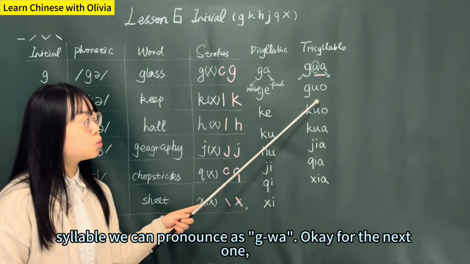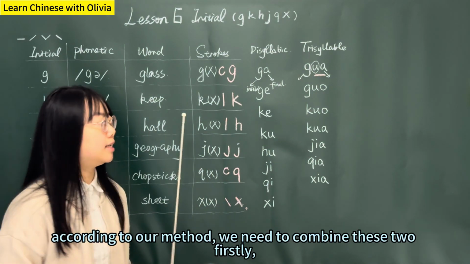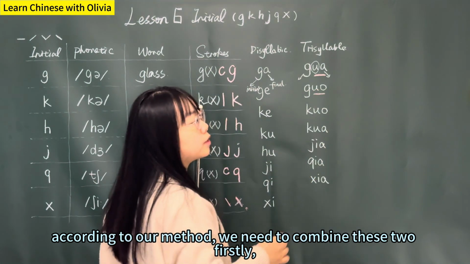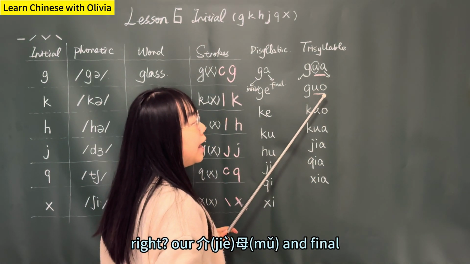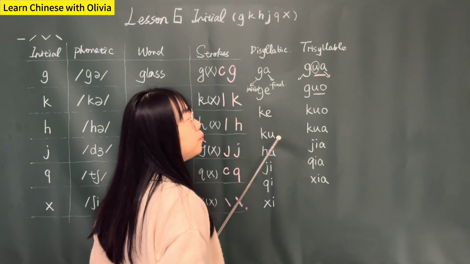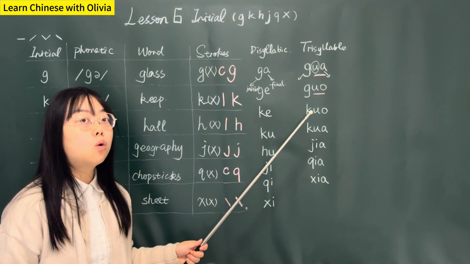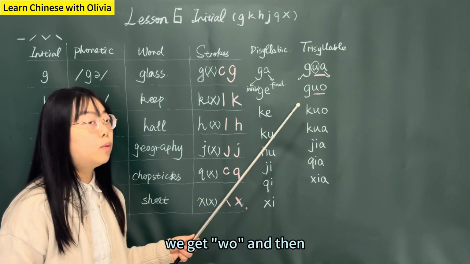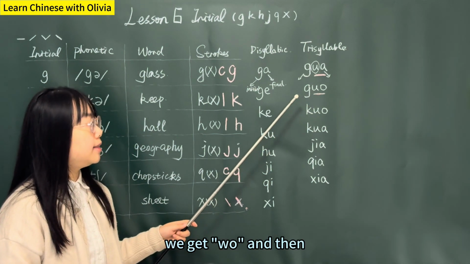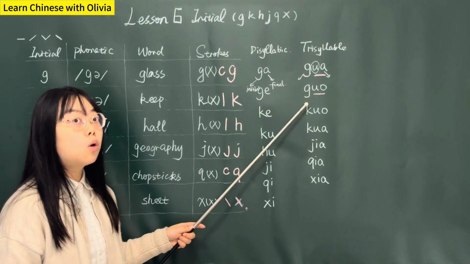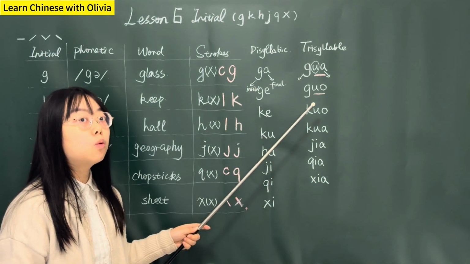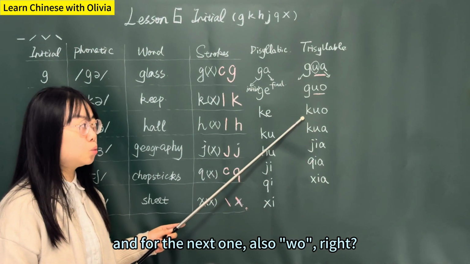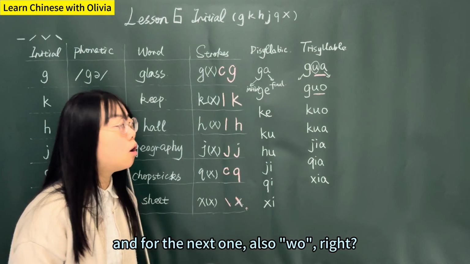Okay, for the next one, according to our method, we need to combine these two firstly, right? Our 介母 and final. U, o, wo, right? Yeah, we get wo, and then ge, wo. And for the next one, also wo, right?